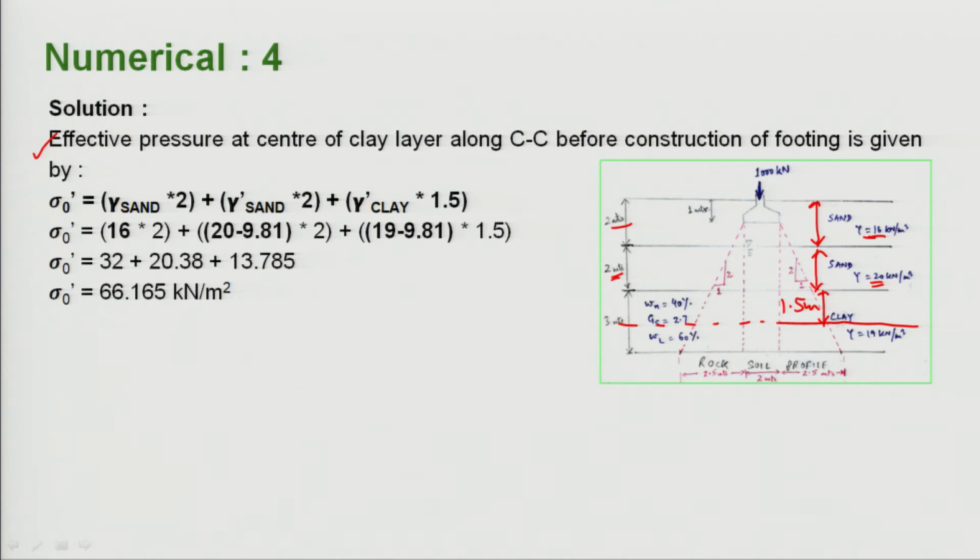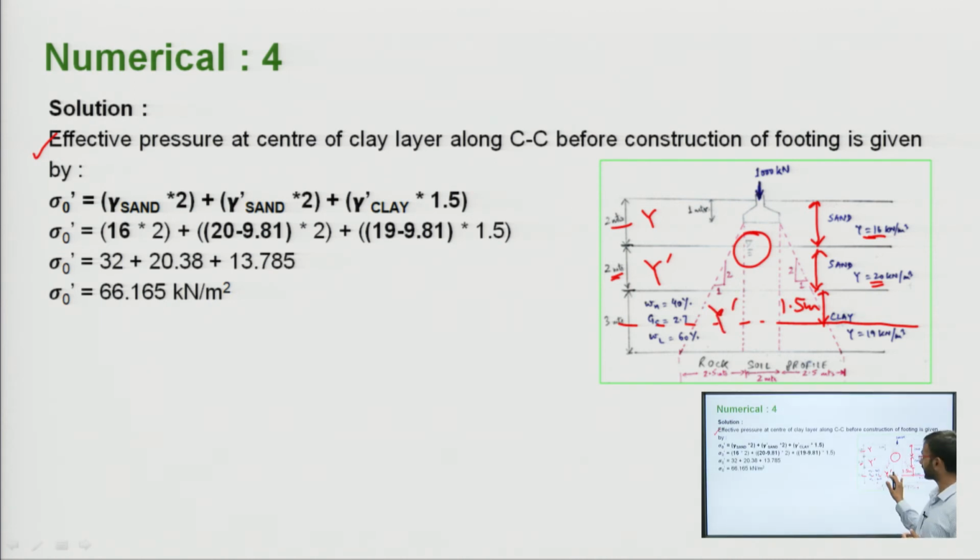Now, understand one more thing that was given, that is the water table. In the first case the bulk unit weight can be used, but in the second case the submerged value will come into effect. In the third case also, because there is a water table, the submerged value will come into place.